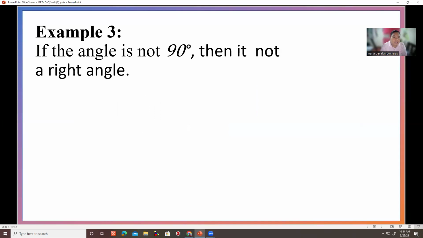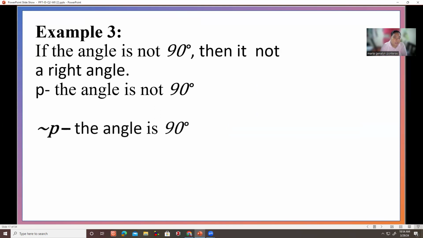If the angle is not 90 degrees, then it is not a right angle. So P, the angle is not 90 degrees; not P, the angle is 90 degrees. If P is in negation form, in not P you will remove the word not.